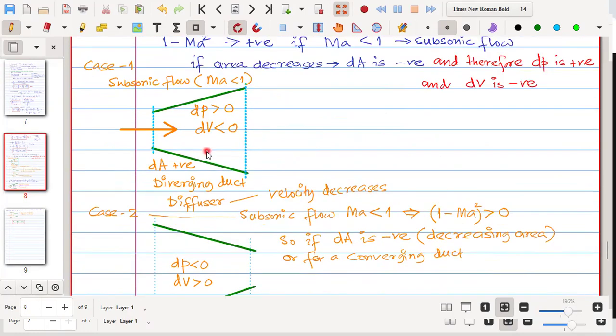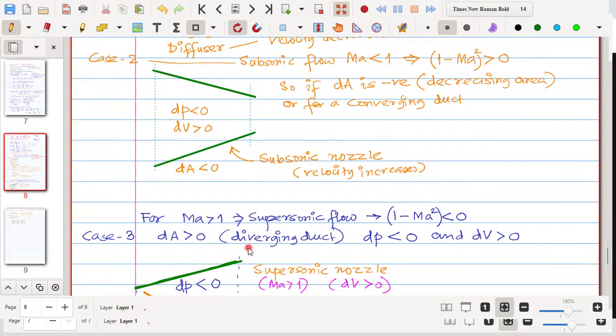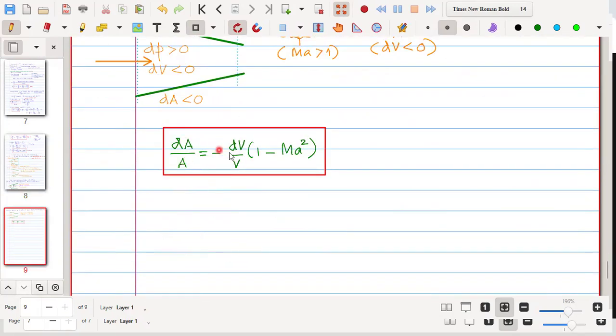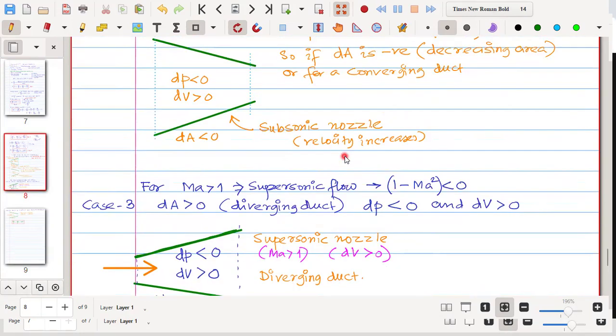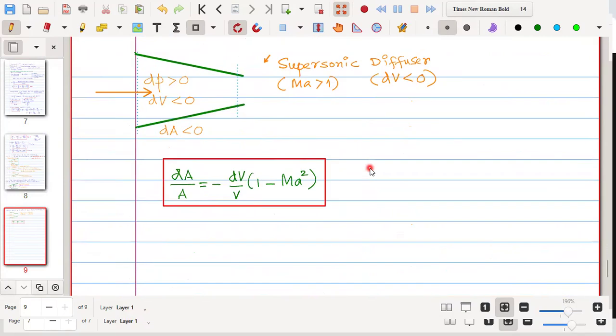So this is in terms of basically velocity. Earlier was in terms of pressure variation. This relation gives the variation of area with pressure, and this relation gives the variation of area with velocity. So we will mark this as another equation, equation 5.